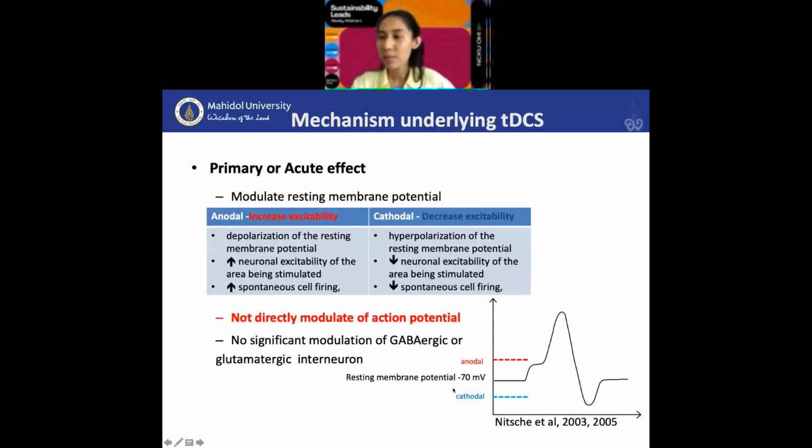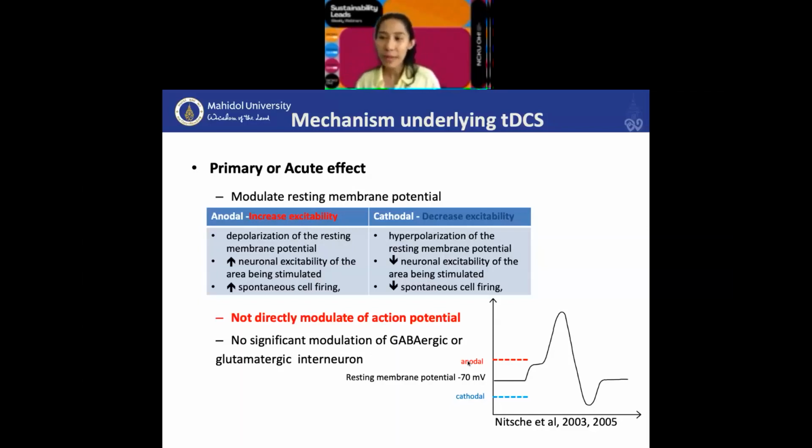Anode shifts the resting membrane potential closer to 0, so you depolarize it and the neuron is easier to excite. Then if you give training afterwards, it may be easier to enhance the cortical excitability.